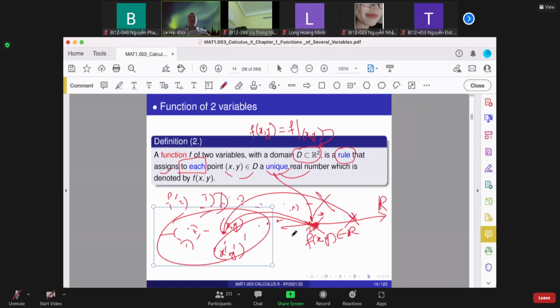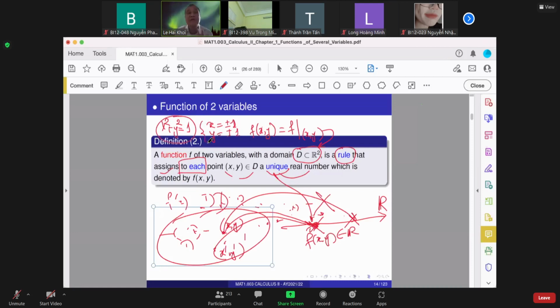We say unique real number assigned to a point x, y. We don't say that to only one point, right? Okay. So for example, if you look at the function, this one represented this one, then you have x is plus minus 1, y is plus minus 1.